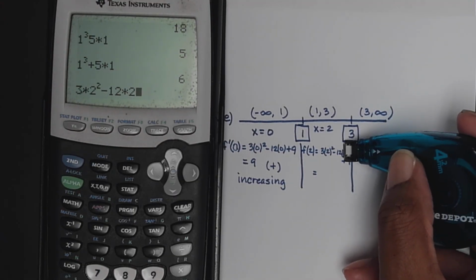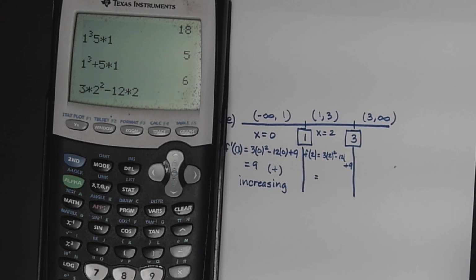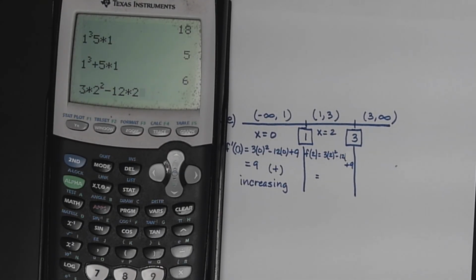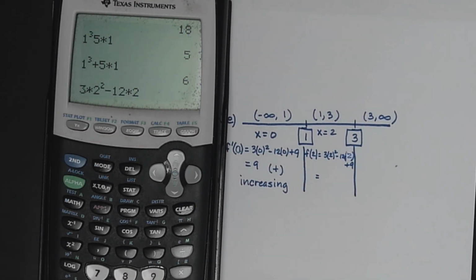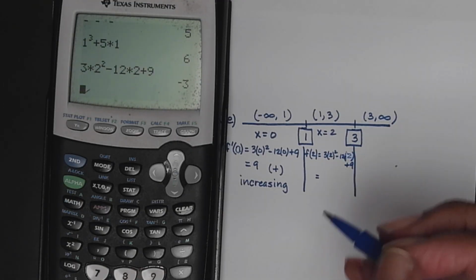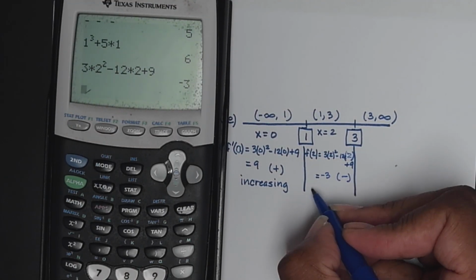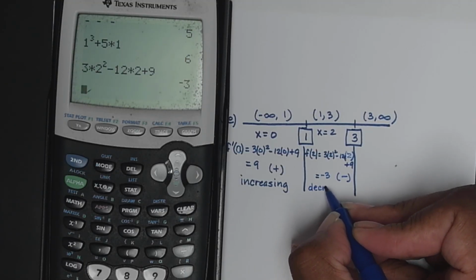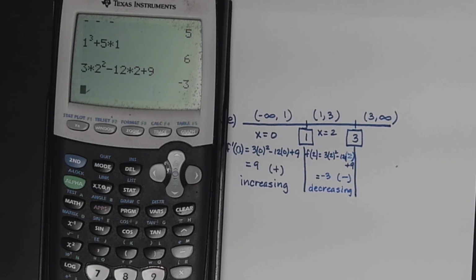Oh, and this should be a 2 right here, and then plus 9. You'll get negative 3, and that's negative. So that means between 1 and 3, the graph of that function would be decreasing. It's decreasing on the interval from 1 to 3.